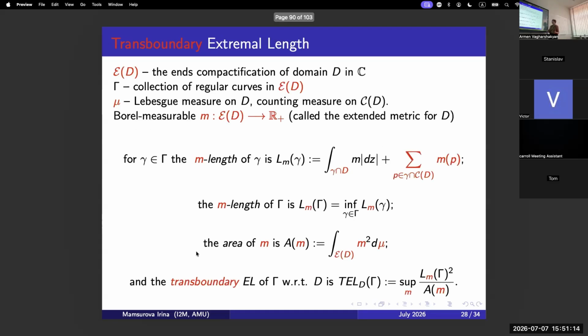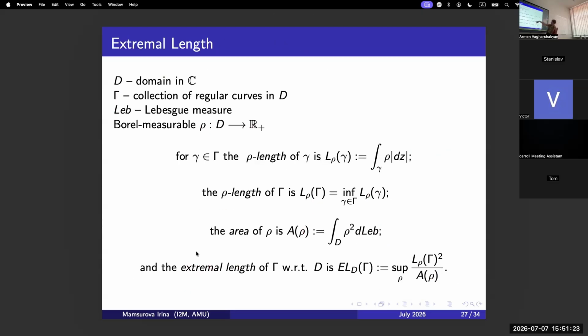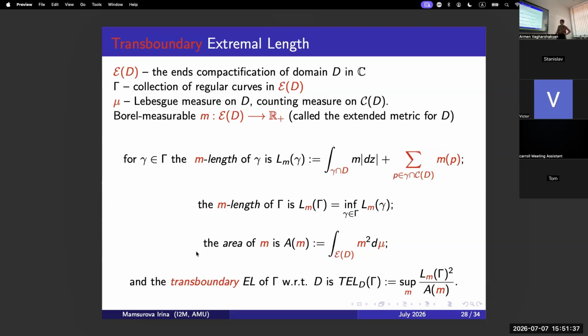Now we will add what happens in our shrunk components. We will add some point mass. The same for the measure: we had the Lebesgue measure, and then for the compactified space, we can just give measure 1 to all points to which we shrink our connected components. Then transboundary extremal length is calculated as extremal length.